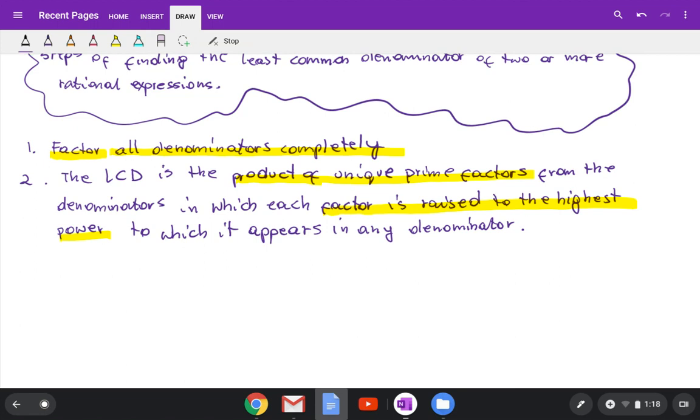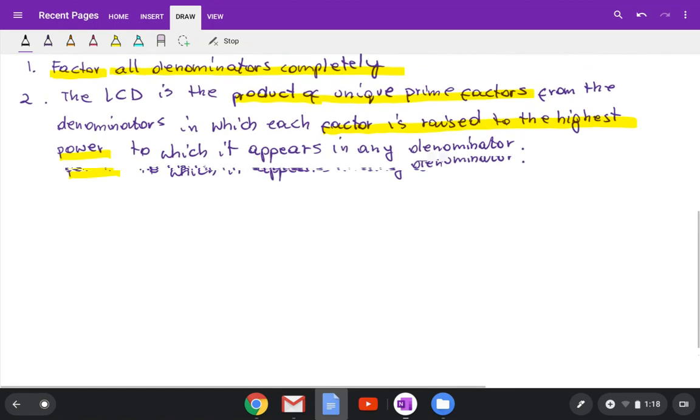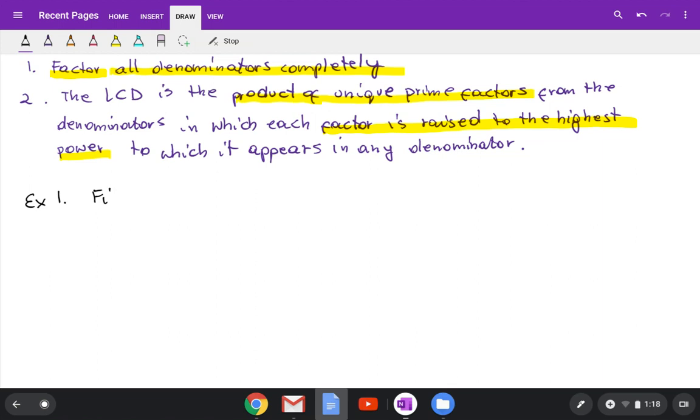With practice, you will see that this makes sense. So let me show you the examples. Example 1. Find the least common denominator for each set of expressions.